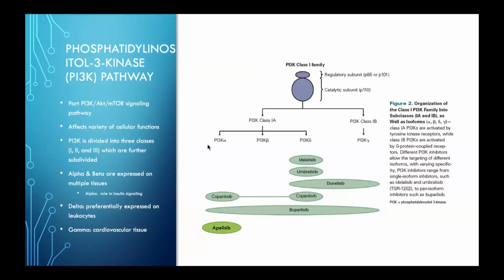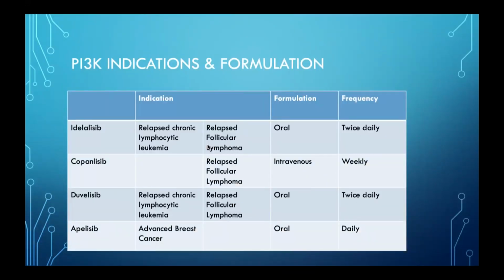I like to think of the drug activity in terms of those subtypes, where alpha and beta are expressed in a wide variety of tissues. Alpha has a role in insulin signaling, which will be important in our adverse effect profile. Delta is preferentially expressed in leukocytes, and so that's where most, or all, of our approved lymphoma agents have activity. And then gamma is expressed in cardiovascular tissue.